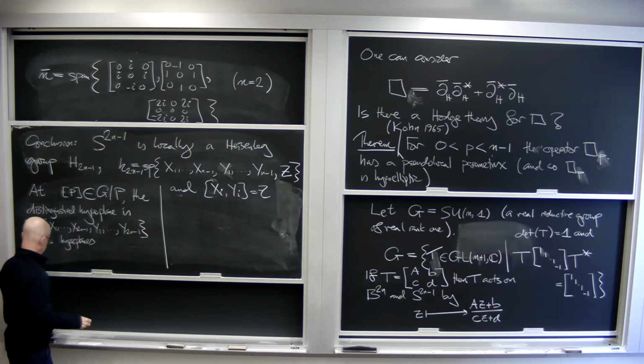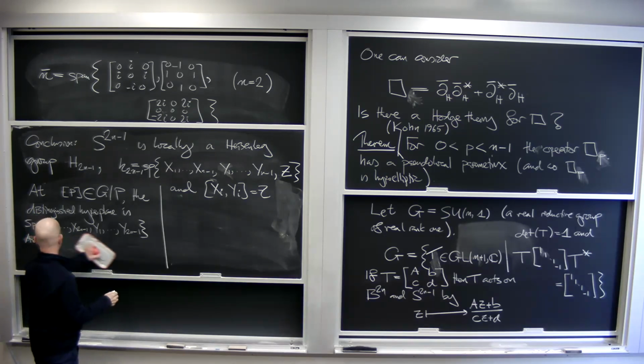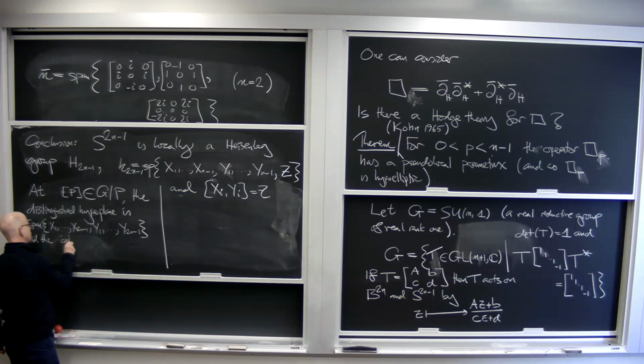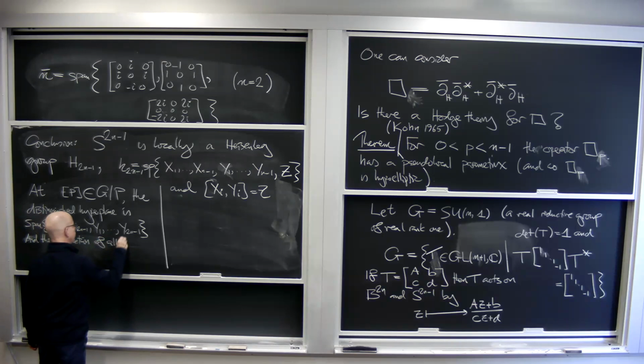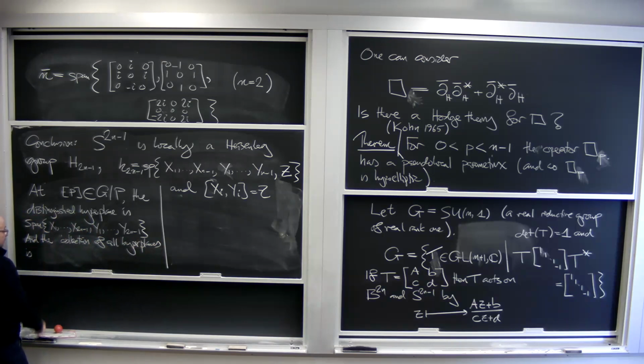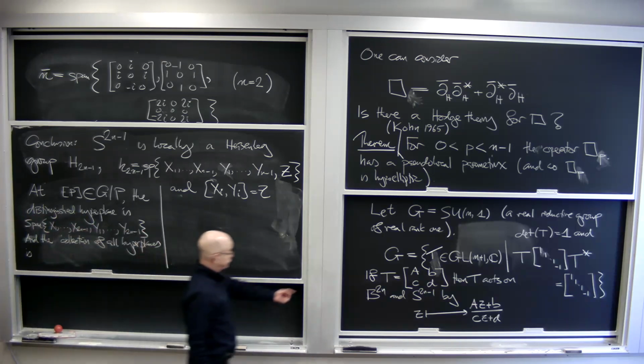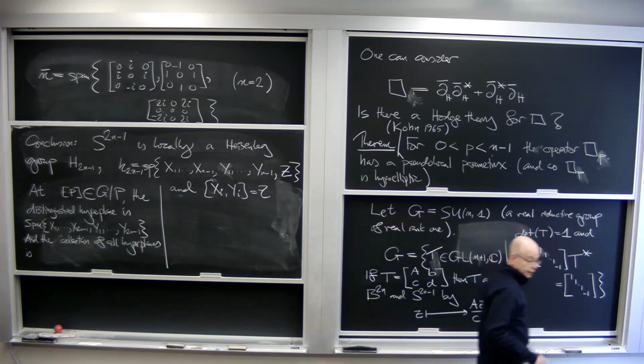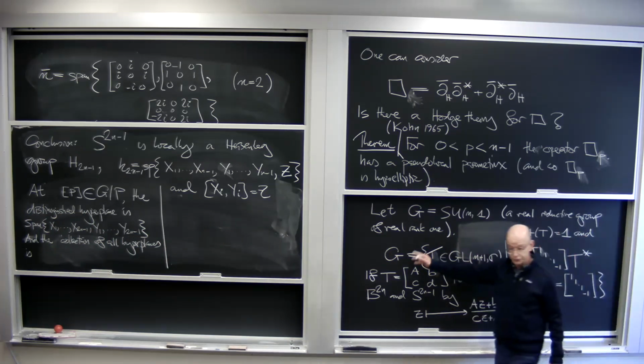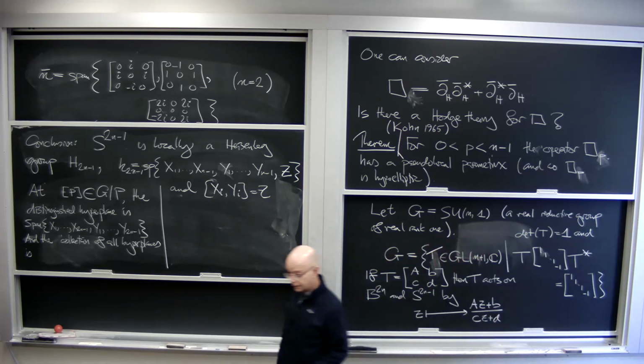And the collection of all hyperplanes is invariant under this group G, as it acts on G mod P, as it acts on the sphere, but in particular, it's invariant under N bar.